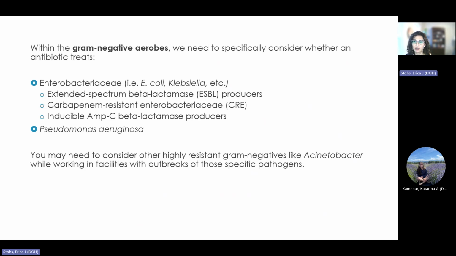So, for example, extended spectrum beta-lactamase or ESBL producers. Some may be carbapenem resistant, and that is referred to as CRE. And then some bacteria can have an encoded gene called AMP-C, which produces a beta-lactamase and makes them resistant to 3rd-generation cephalosporins.